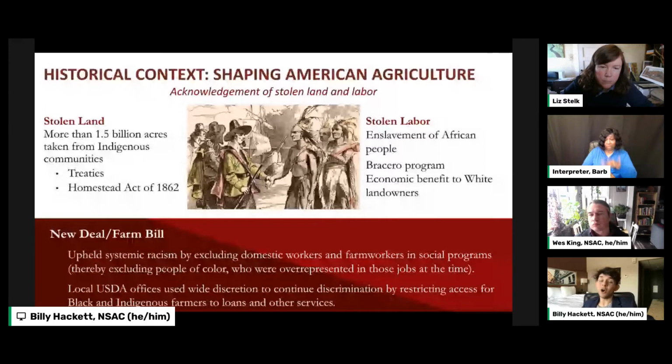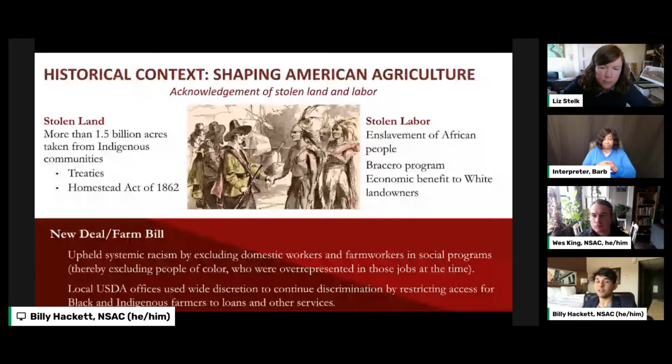And acts like the Homestead Act of 1862, which guaranteed white landowners about 130 acres of land if they were willing to go out and take it and improve the soil. But the problem is that land was already belonging to people. It belonged to native peoples who were kicked off of the land and everything that that entailed.